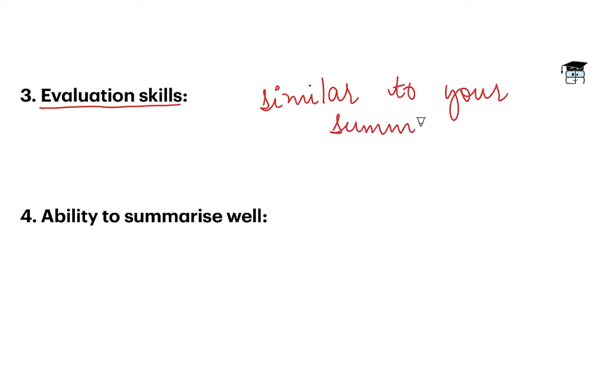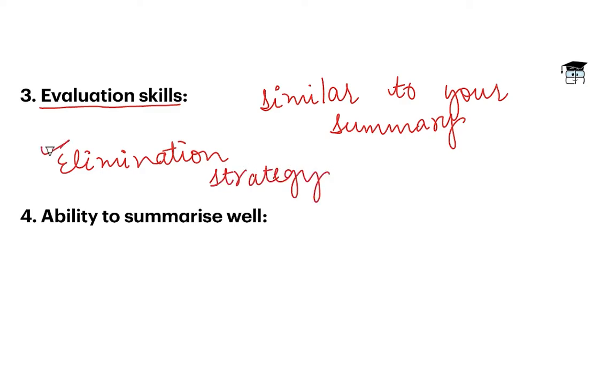If you're still unable to choose the right option, use the elimination strategy. As we discussed this strategy in the approaches that I told you about, use this strategy and you will be able to discard the options that are not necessary in the paragraph.